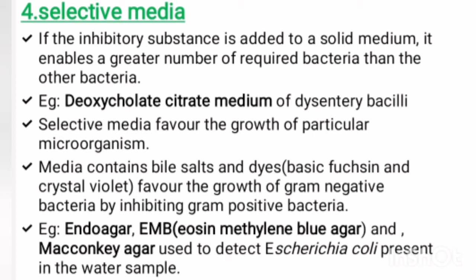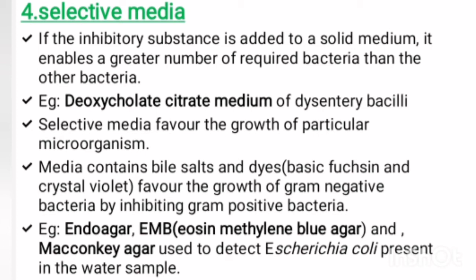These three media contain dyes which suppress the growth of gram-positive bacteria. So it allows the detection of presence of E. coli or the coliforms in the water.